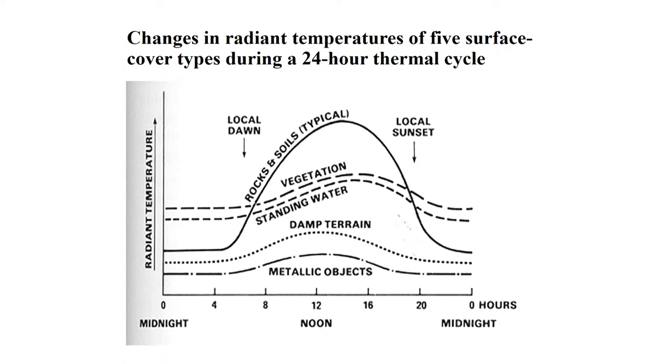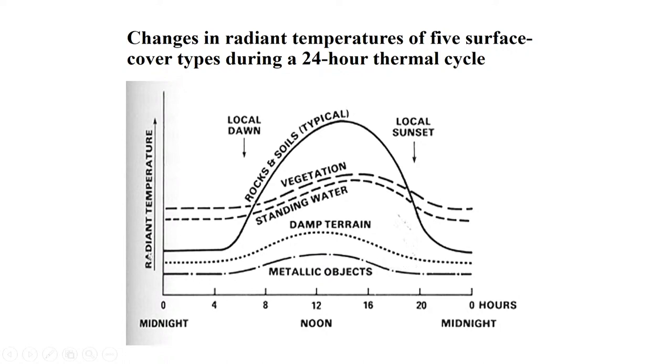Now we are going to see the radiant temperature of 5 surface cover types during a 24-hour thermal cycle. In this graphical representation, you can see that metallic objects will have very little variation in thermal emission, because their thermal emission is very low.